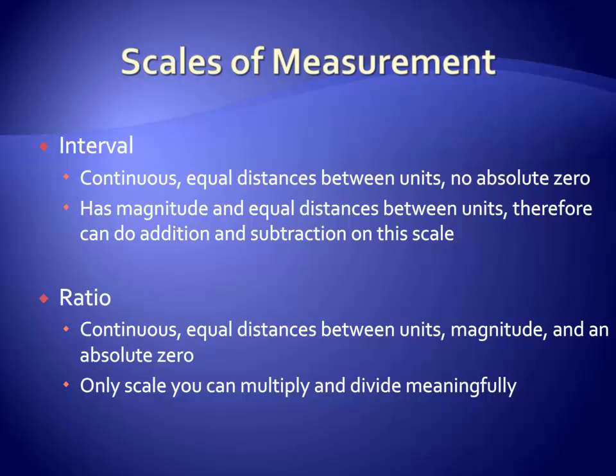An example of this can be seen with the measurement of temperature, in which a Fahrenheit or Celsius scale are both considered interval scales because a 0 on that scale does not reflect the absence of heat. However, on a Kelvin scale, there's a true 0 point, in which 0 indicates no heat. Teasing apart the differences between interval and ratio scales can be difficult. Throughout the rest of the course, we will be collapsing these two scales of measurement into one. However, it is important to know that there is an underlying difference between these two.